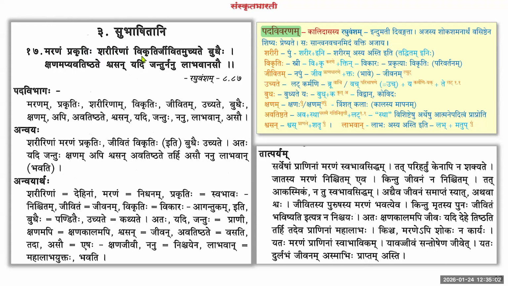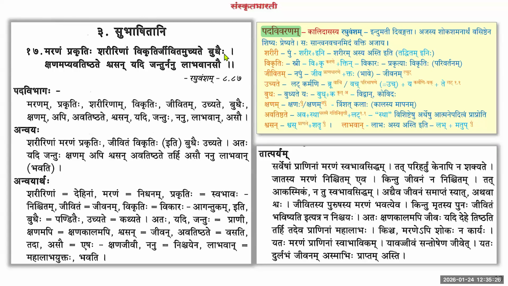Then Vikritihi jivitam uchyate budaihi. Those who know say that life is a deviation. The natural state is death. The fact that this body has a life is a special Vikriti, a special deviation, deviant status.